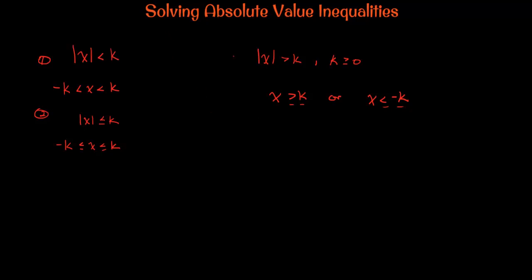We could look at this as a fourth form: the absolute value of x is greater than or equal to positive k, with k greater than or equal to 0. So this implies that x must be greater than or equal to k, or x must be less than or equal to negative k. We're going to flip and change our signs.